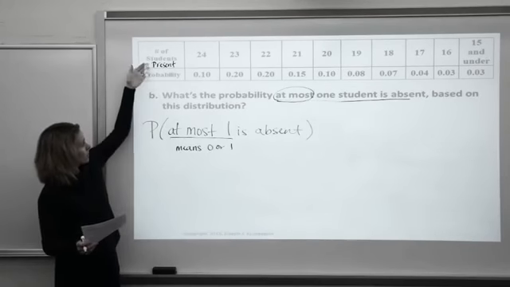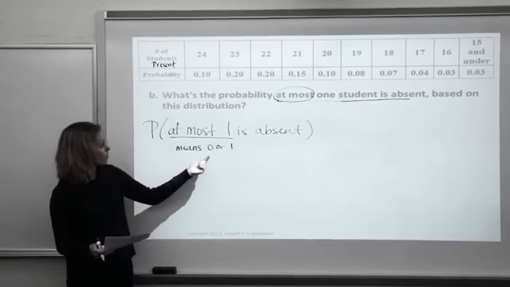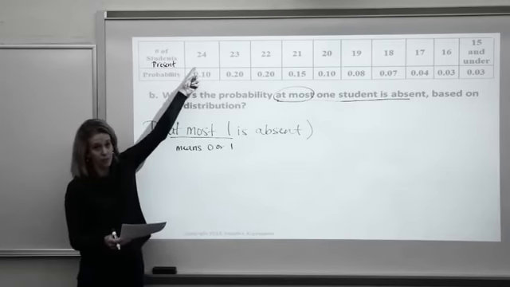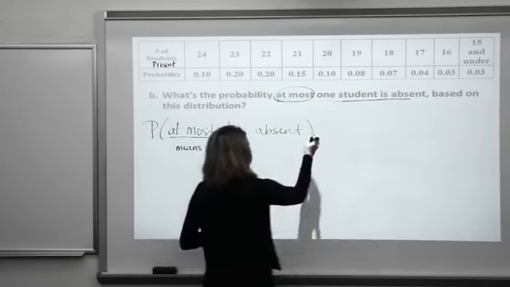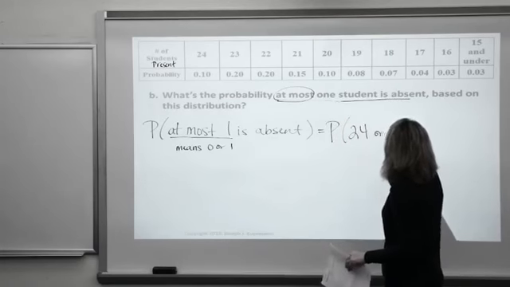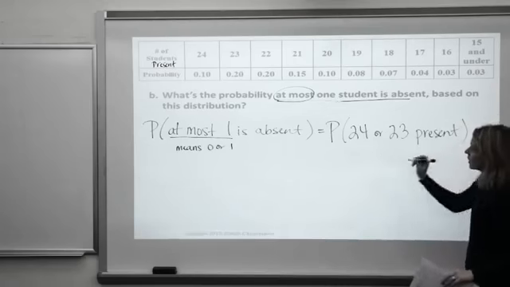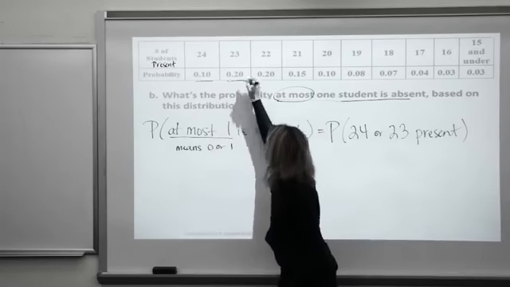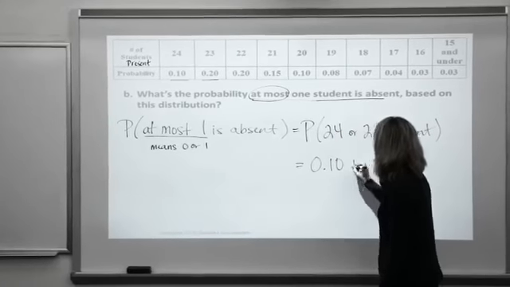And then recall again that your table is in terms of the number that are present. If 0 are absent, that would be perfect attendance, 24 are in attendance. If 1 is absent, that would be 23 are present. So we're really looking for the likelihood that 24 or 23 are present. Again, we have those 2 probabilities, so we're just going to sum those up.